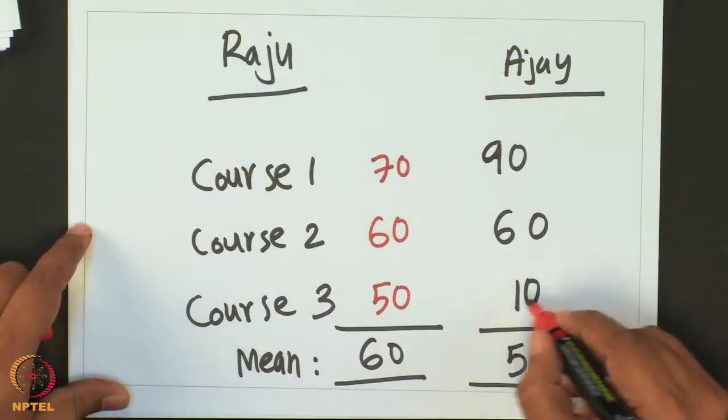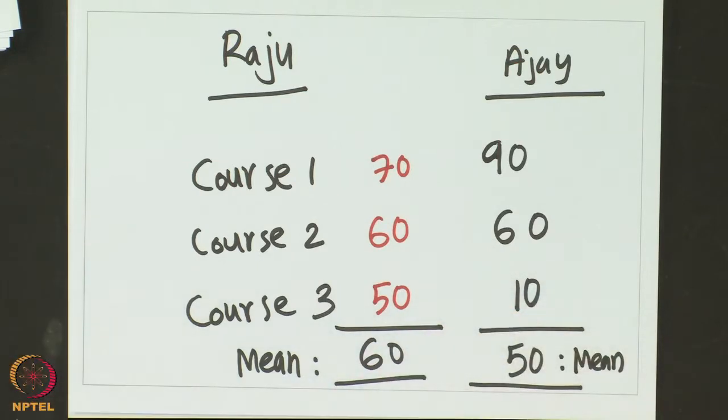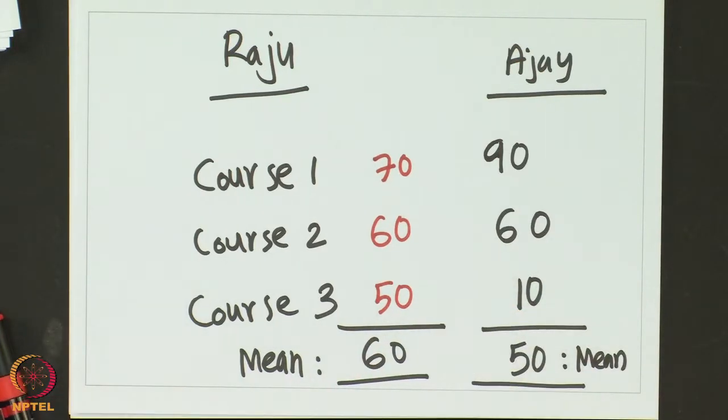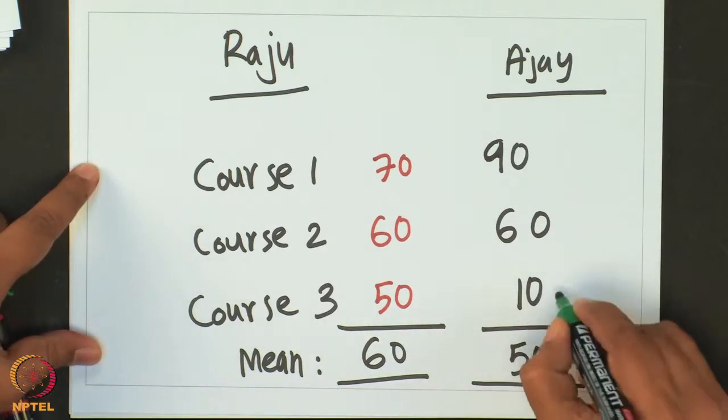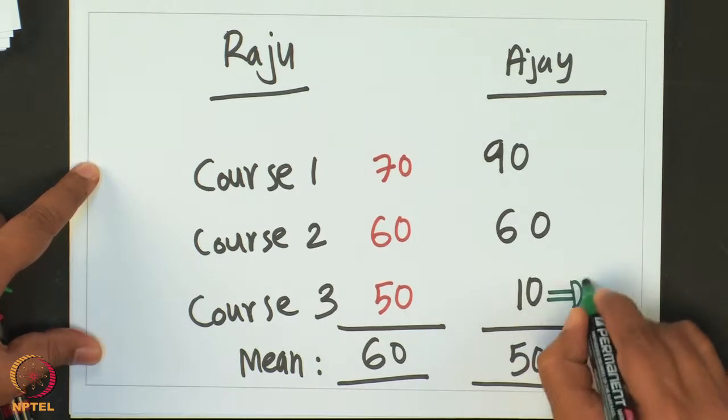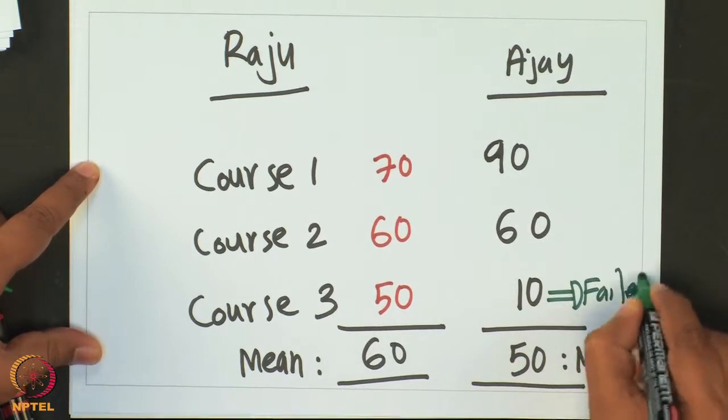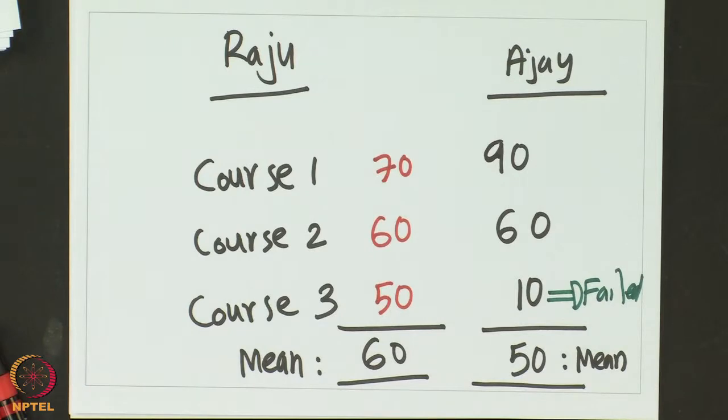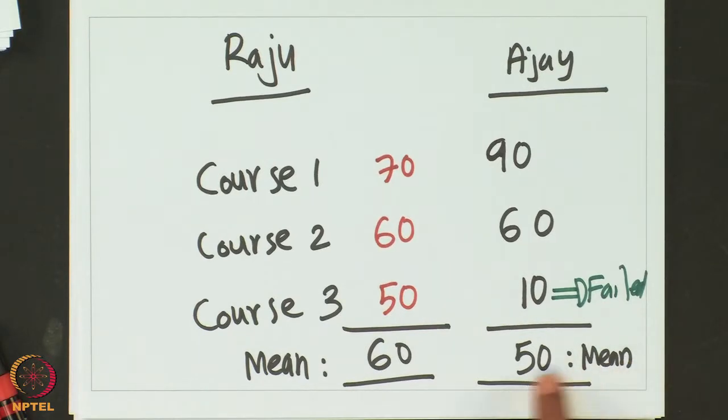But the fact is that Ajay has failed in the third course, where he got only 10 out of 100. But this does not get conveyed in this quantity called mean.